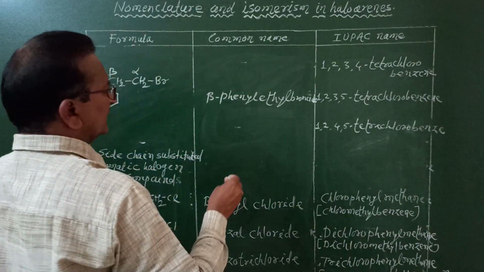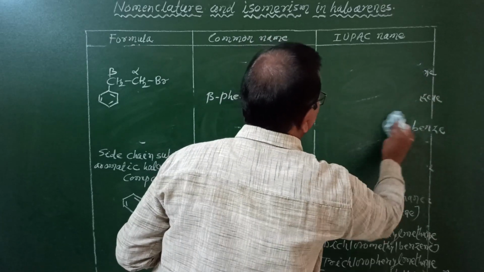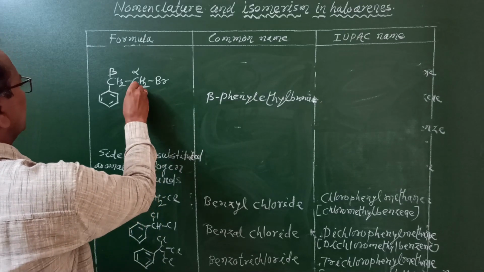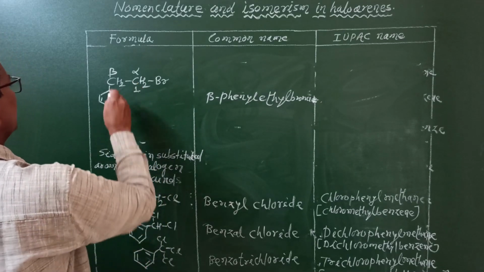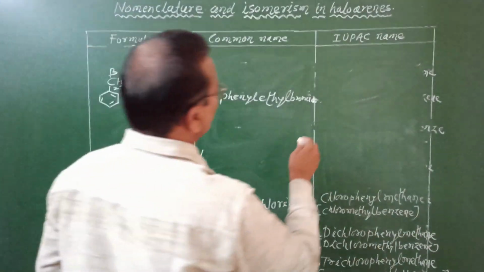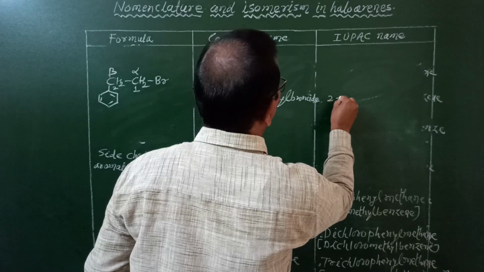Okay, now let us see the IUPAC name of this compound. What will be the IUPAC name? In the IUPAC name system, this carbon is numbered as 1, this is numbered as 2. Therefore, 2-phenyl.